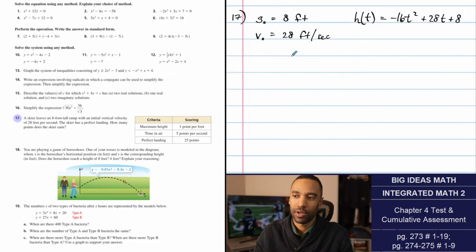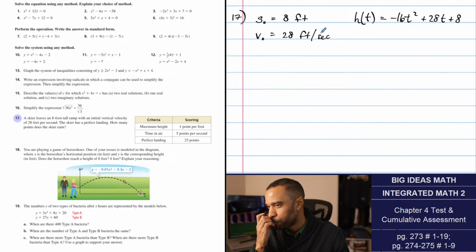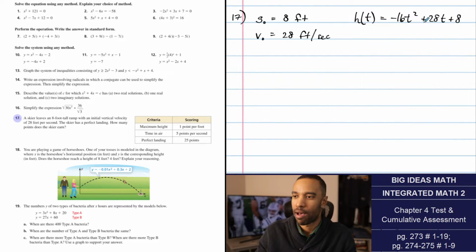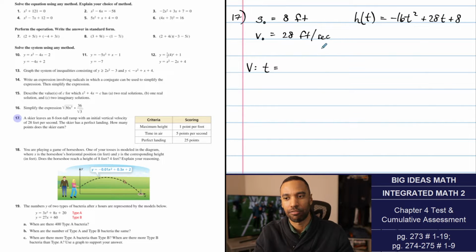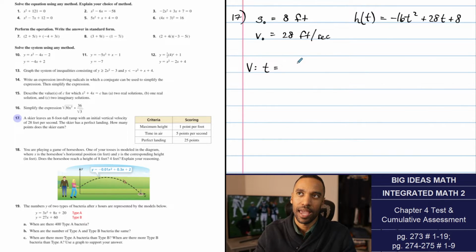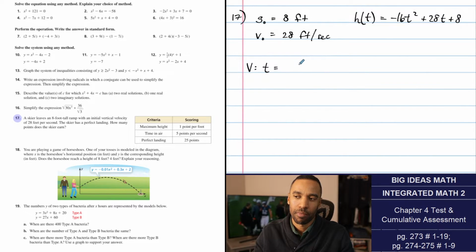Let's do the maximum height portion first. I'm going to be using negative b over 2a. I have to find the time for the vertex, substitute that back into here, and figure out the height.